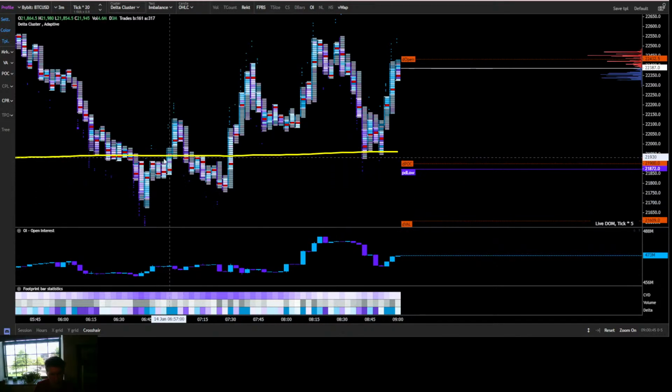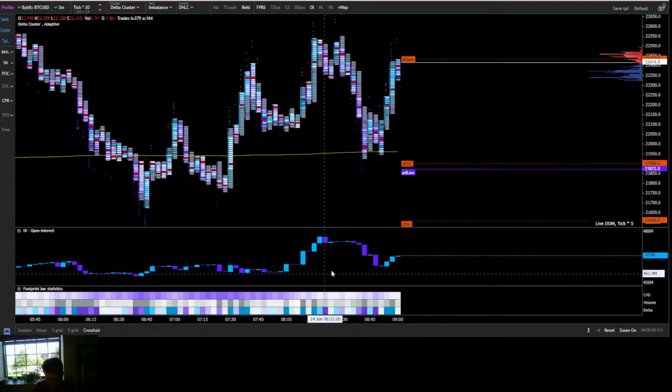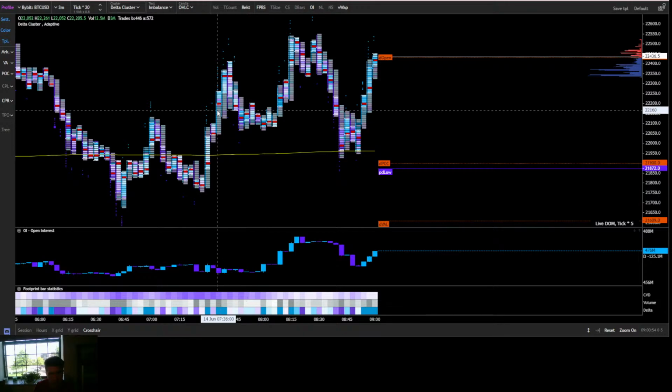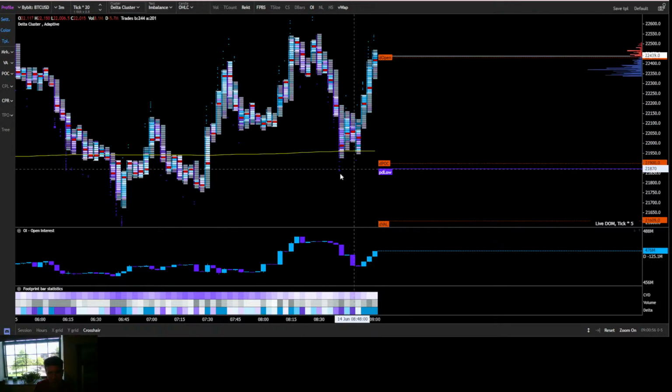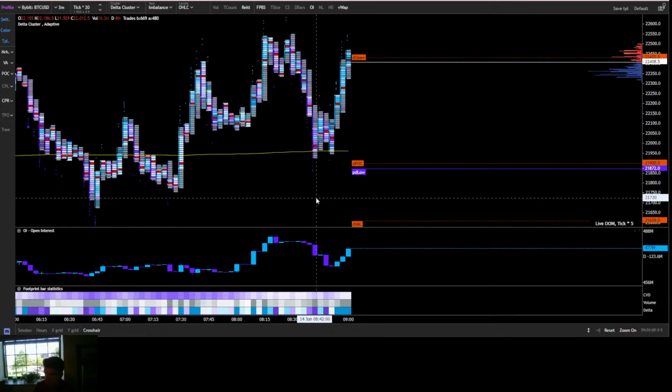Here you can see as we're moving up, OI is generally increasing. On these micro pullbacks in order flow on the 3 minute, you can see a decrease in OI. So this trend is favoring an uptrend nevertheless.